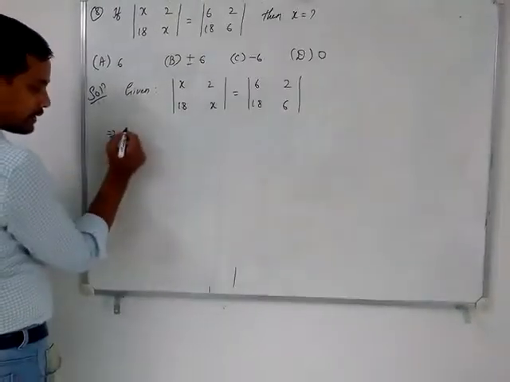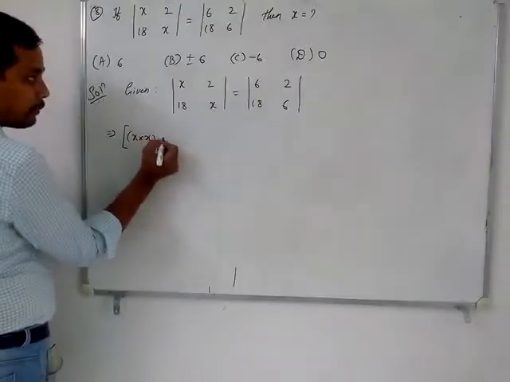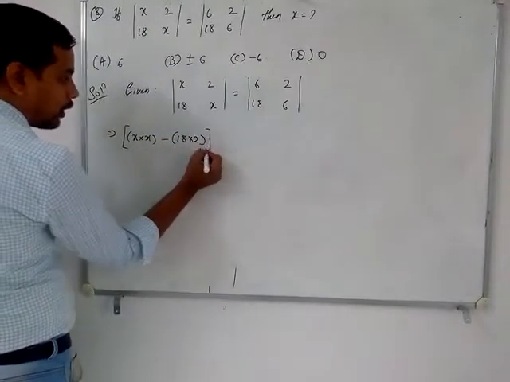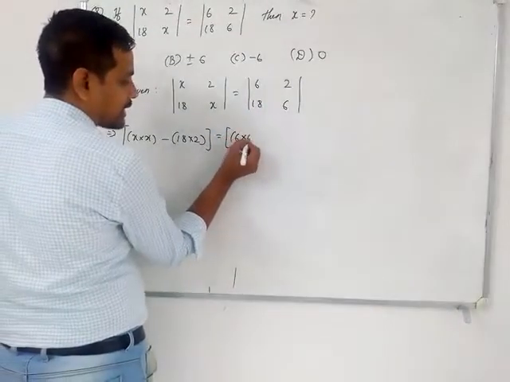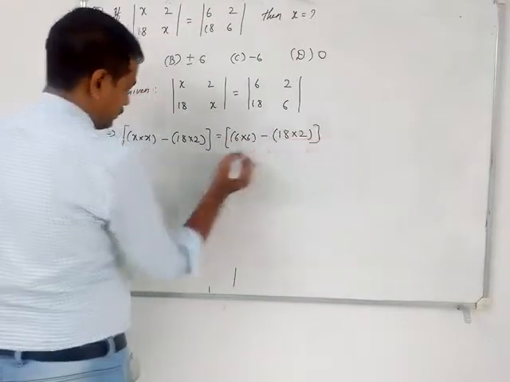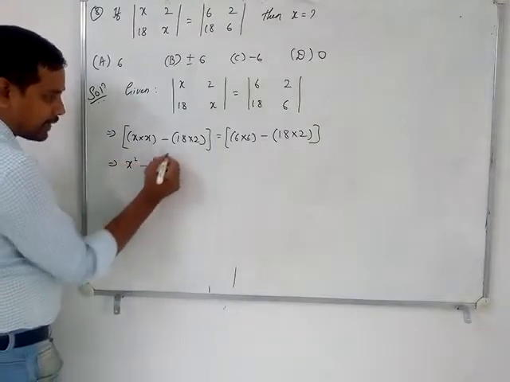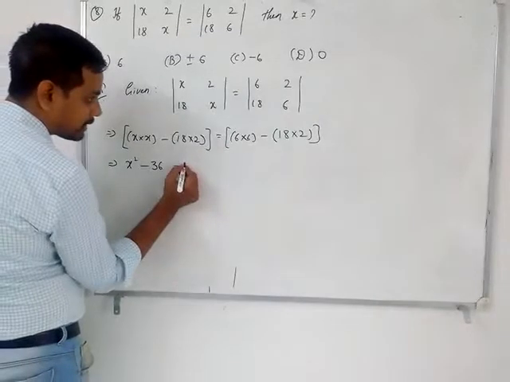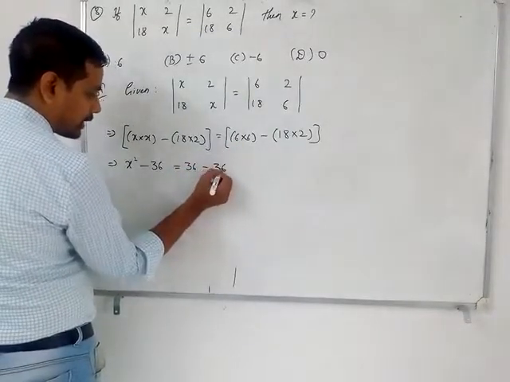See, what is this? x into x minus 18 into 2 is equal to 6 into 6 minus 18 into 2. x into x is x square, minus 18 into 2, 36, is equal to 6 into 6, 36, minus 18 into 2, 36.